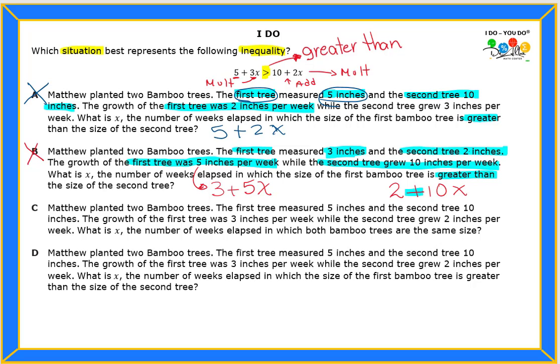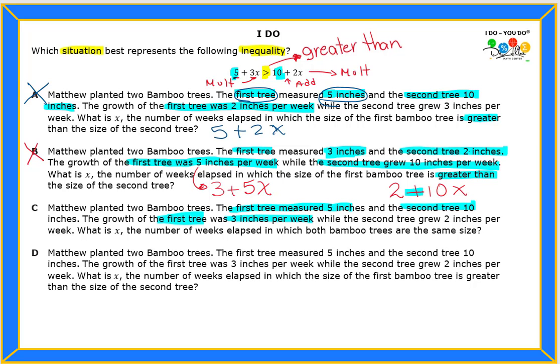Let's go to letter C. It says, Matthew planted 2 bamboo trees. The first, right here, measured 5 inches, and the second one, 10. Okay, good. So the first one is here, 5, and the second one is what? 10. Okay. It says, the growth of the first tree, so we're talking about the first one, which was 5, was 3 inches per week.